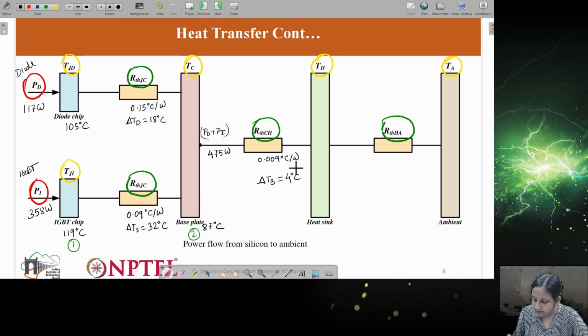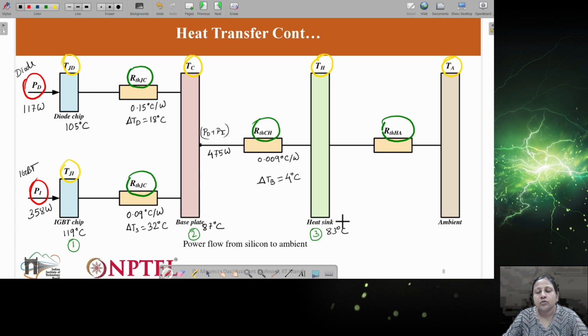Now this will cause the temperature at the heat sink to equal 87 minus 4 degrees Celsius, which will be 83 degrees Celsius.